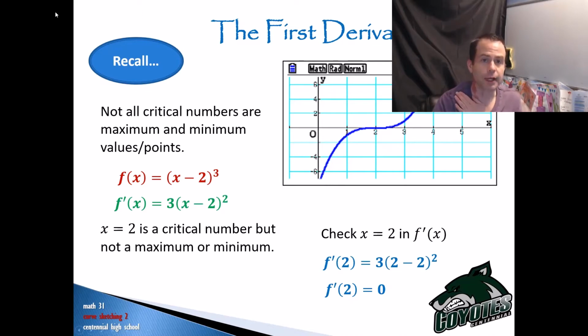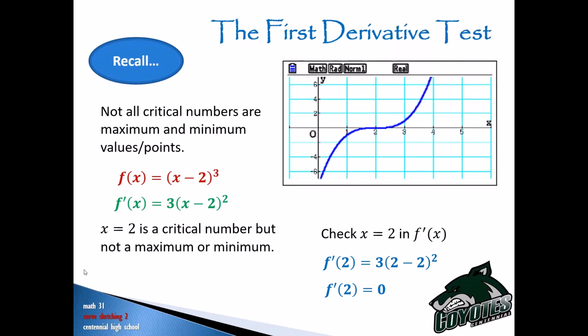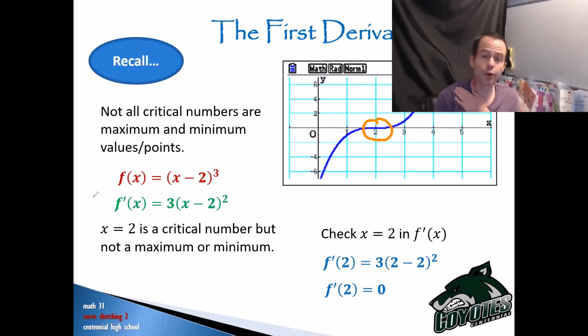But again, I'm going to hide myself for a second. When we're looking at 2, we know for sure that that is not a local max or min point. Actually, that's a point of inflection, okay? So even though it's a critical number, it's not a local max or a min, okay? So what we need to do is figure out a way to tell whether it's a local max or min.